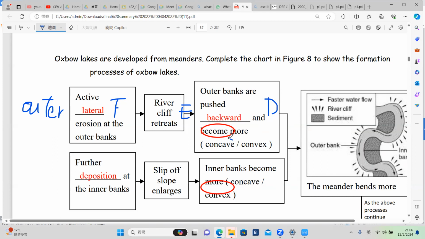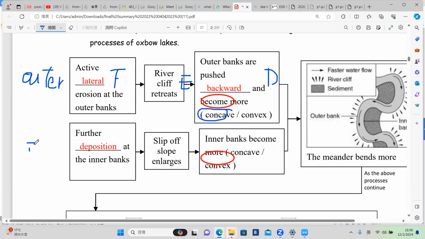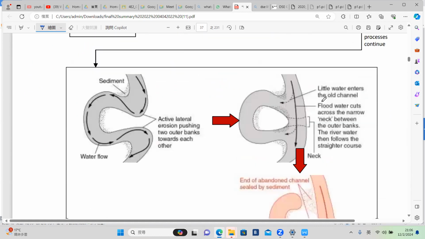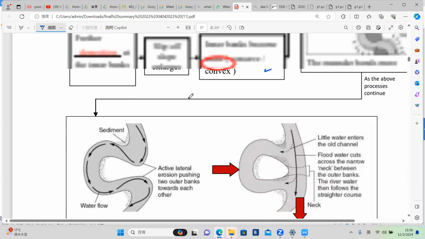Then the inner bank: deposition will occur in the inner bank. OK, so this is F. Deposition, and then the slip-off slope enlarges, then the inner bank will become more convex, then it will become a slip-off slope.